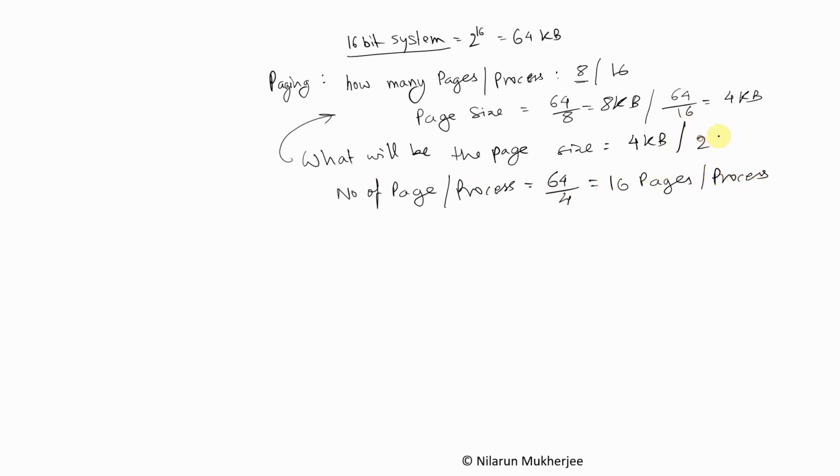If I say no, 2 KB page size, then 64 by 2, 32 pages per process. So when the page size diminishes, the number of pages increases. Page size increases, number of pages decreases. Page size decreases, number of pages increases.